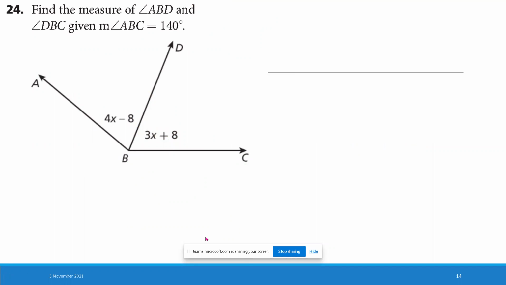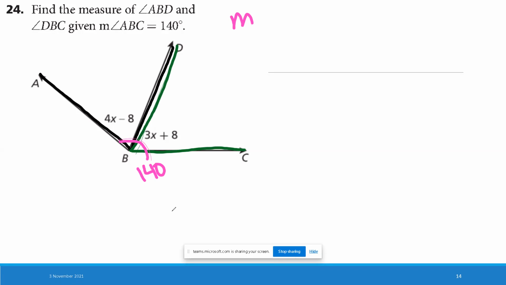Find the measure of the angle ABD and DBC if ABC is 140. The same question, the same steps. ABD is 4x minus 8. DBC is 3x plus 8. And when you add them together, it is 140. So how will you find the measure of the angle ABD?